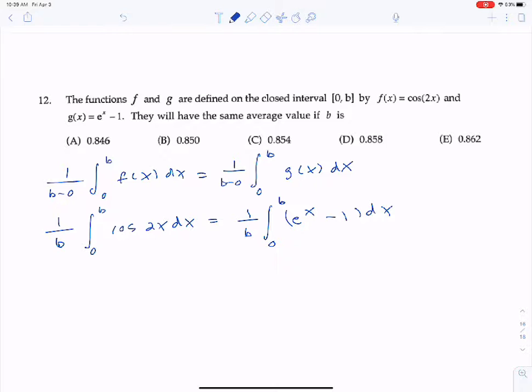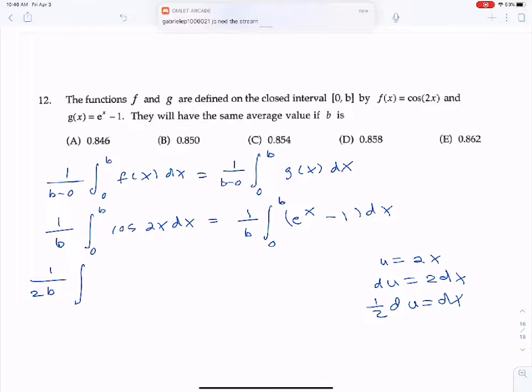Let's do some antiderivatives here. Let's start with cosine of 2x. I'm going to let u equal 2x, which means du equals 2 dx, which means 1/2 du equals dx. So doing that, we get 1 over 2b. I'm not going to worry about my limits of integration right now.